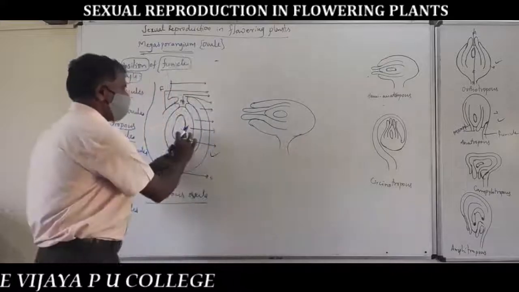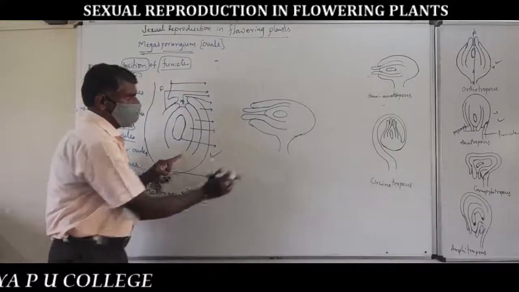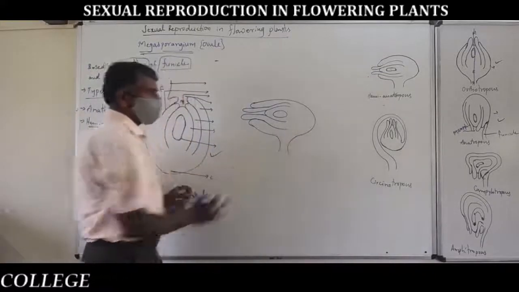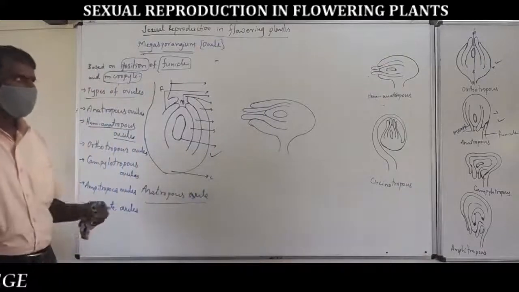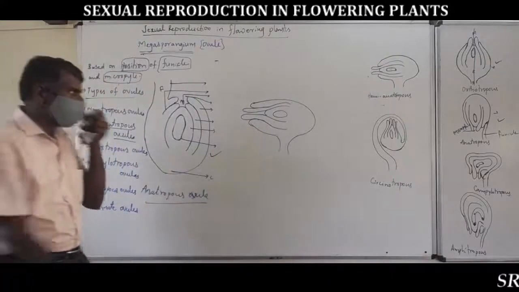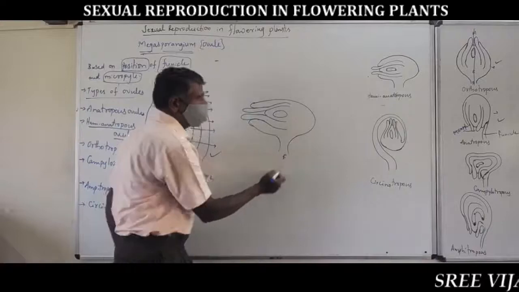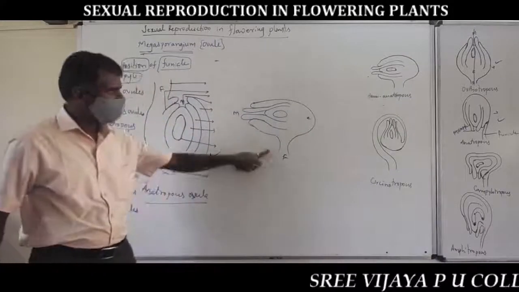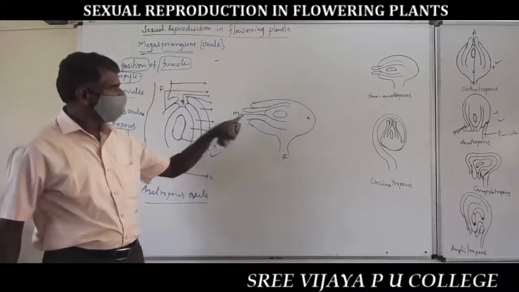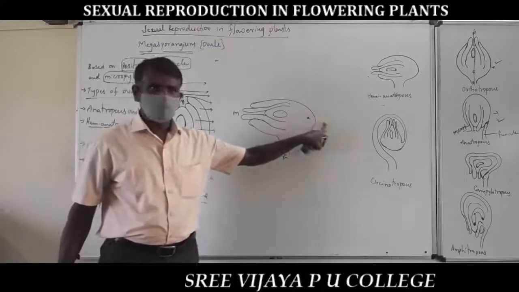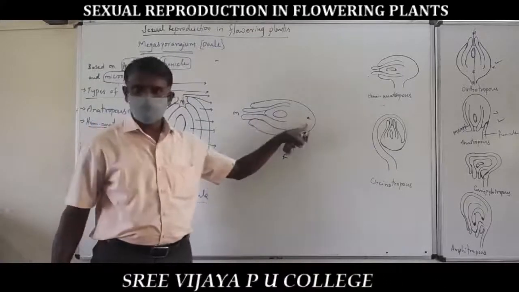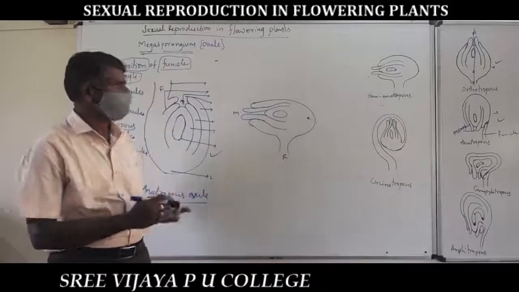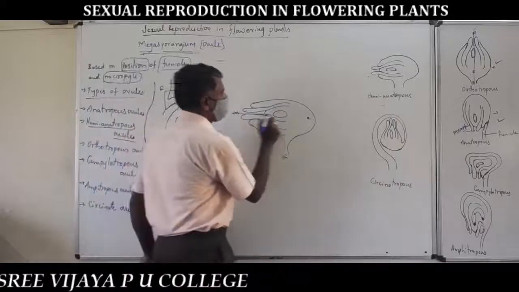Compared to anatropous and hemi-anatropous, the funicle lies perpendicular to the axis of the micropyle and chalaza.